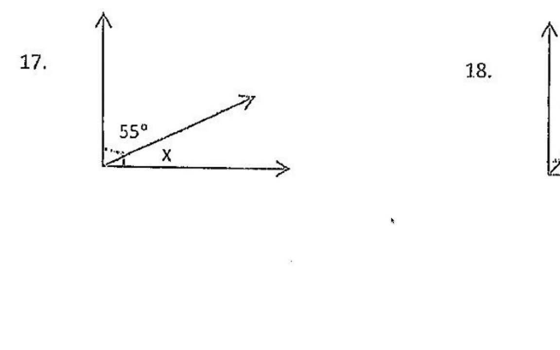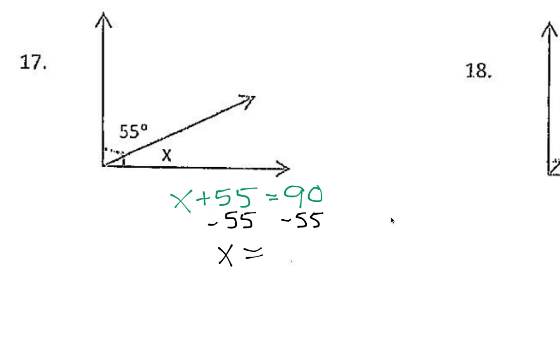So those are complementary angles, not supplementary angles. They're complementary angles, meaning x plus 55 should add up to 90. So x is 35 degrees.